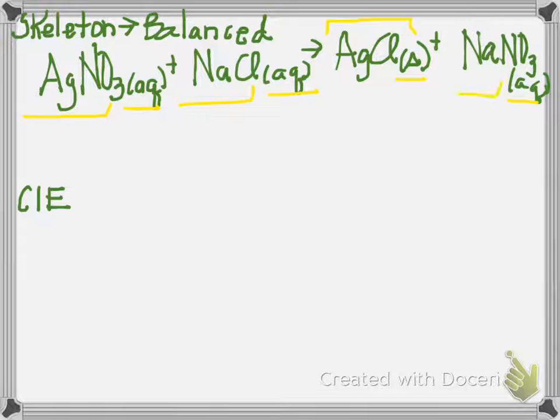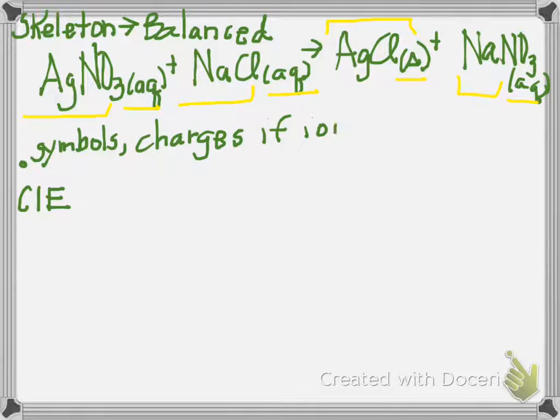This one's aqueous. I'm going to break it apart. Okay, so here's what my complete ionic equation for this reaction looks like. Again, when I do my complete ionic equation, a couple other things to keep in mind. We have to have our symbols, we have to have charges if they're ions, and we have to have a state of matter for everything.